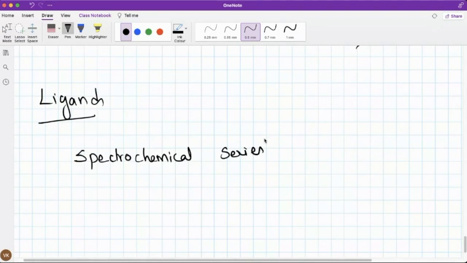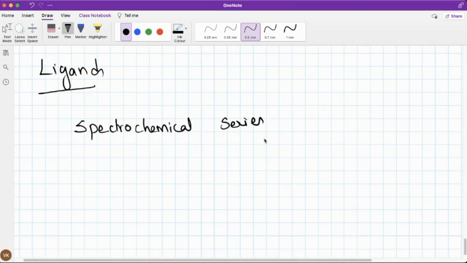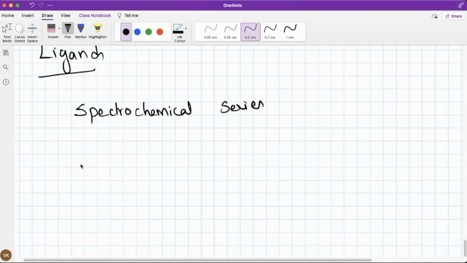It is an arrangement of ligands according to the relative magnitude of crystal field splitting, so the ligands are arranged in the way delta naught increases. I'll write only a few selectively; the complete list you may see in your study material.